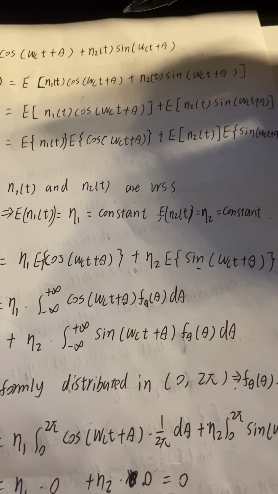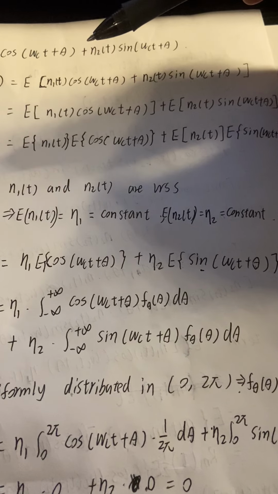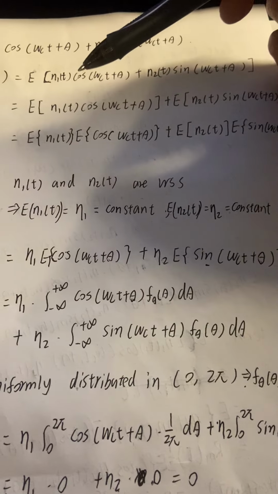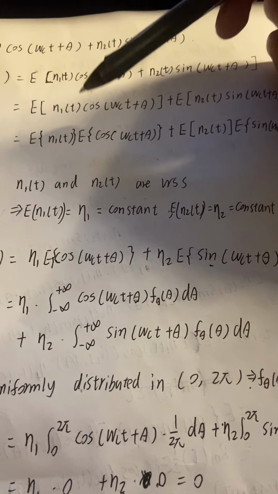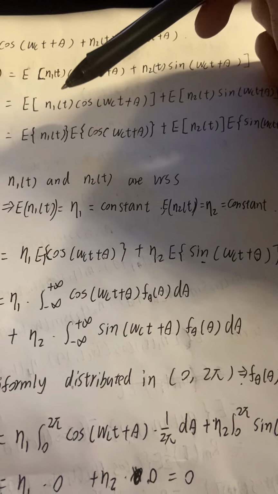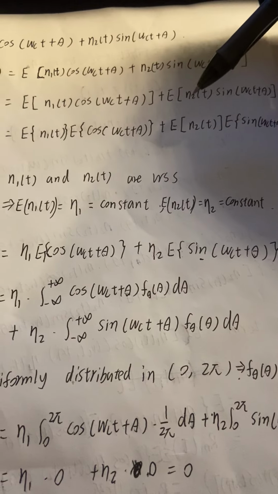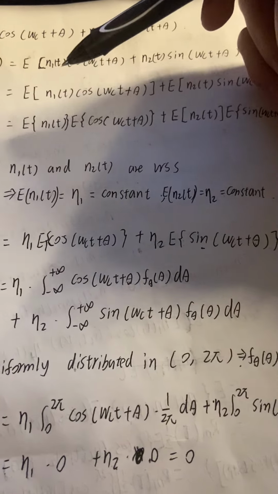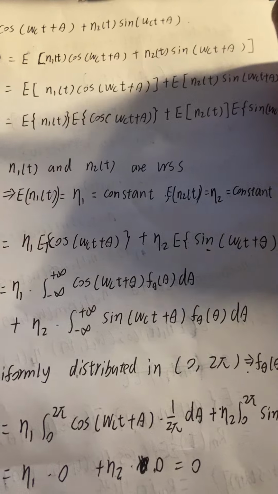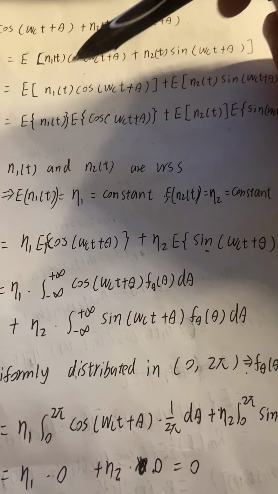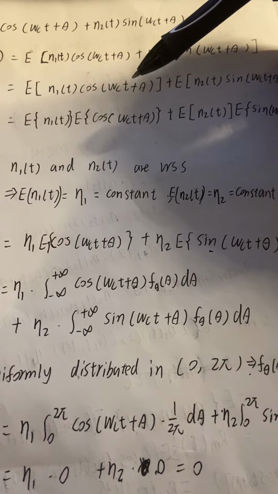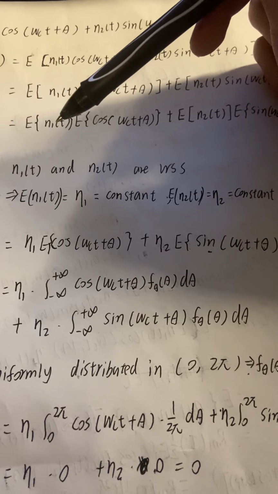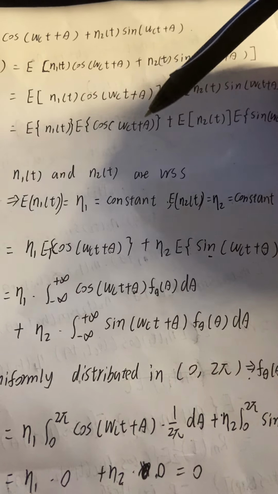The expected value of the sum is equal to the sum of the expected values, so we can rewrite this as the sum of their expected values. For the first term, we note that N1(t) and theta are independent, so we can rewrite it as the product of their expected values.